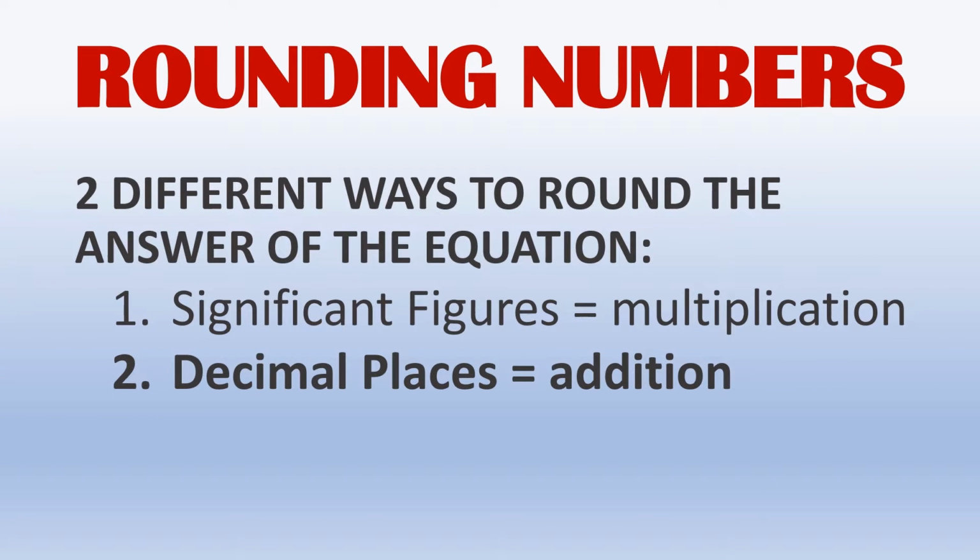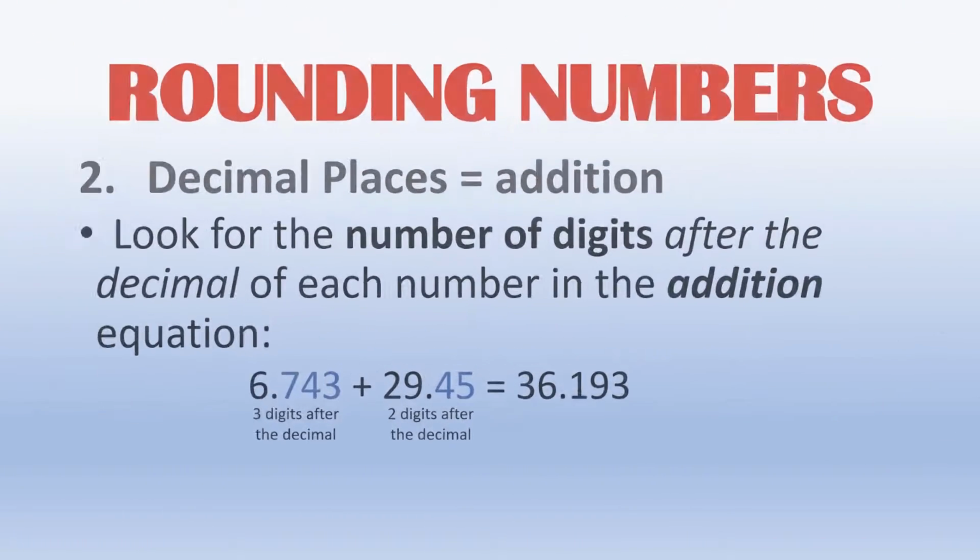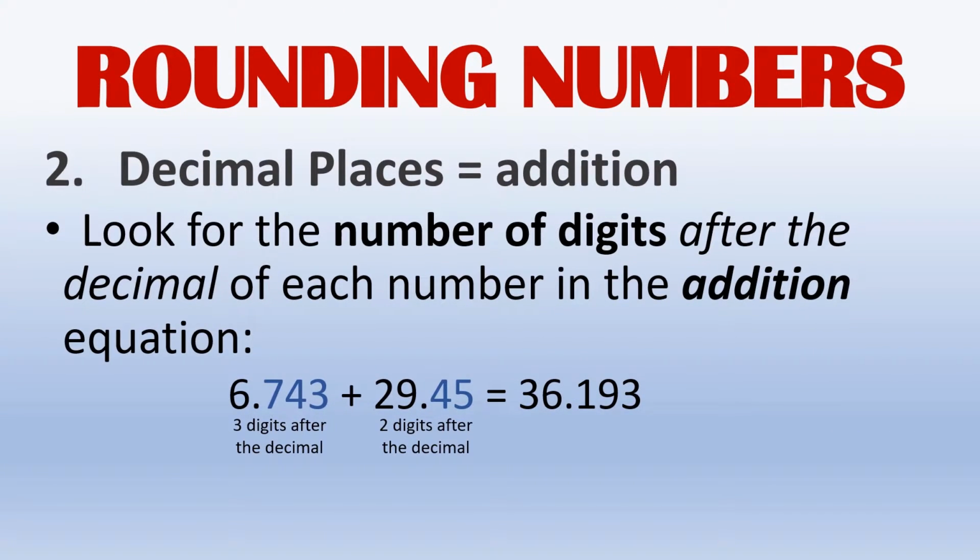The second way to round the answer in an equation is by decimal places. We use decimal places instead of sig figs to round when we're dealing with addition and subtraction problems. It's very similar to rounding with sig figs, but we're just looking for the number of digits after the decimal.